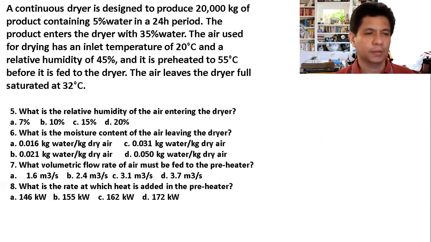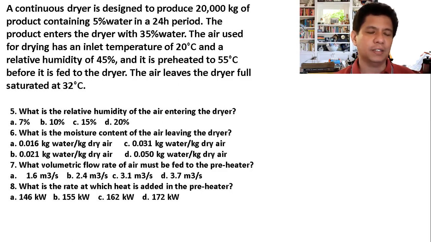So for this problem, when it is asking for relative humidity, we can use the psychrometric chart. Basically what happens is when you heat air, its humidity will not change. So constant lang yun.